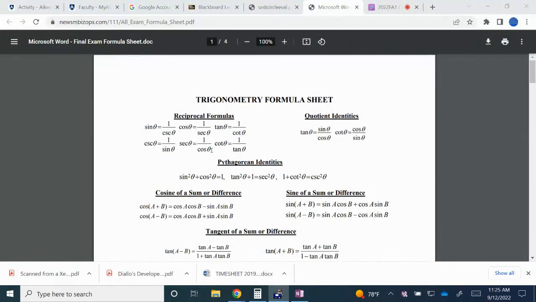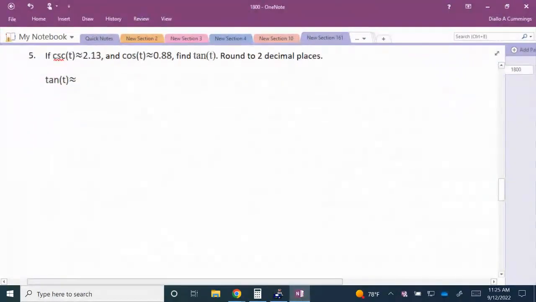Okay, and now there's a couple of formulas for tangent. The tangent can either be 1 divided by the cotangent, or the tangent is the sine divided by the cosine. Okay, I'm going to use tangent of theta is the sine divided by the cosine.